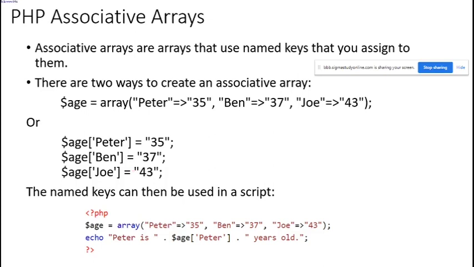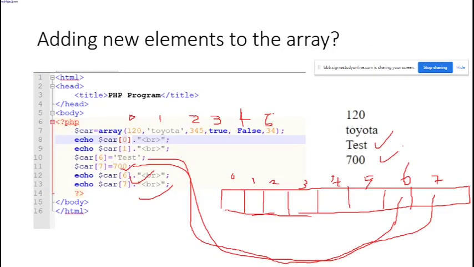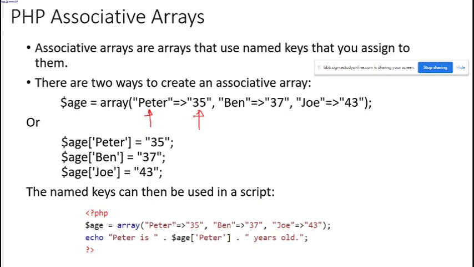In an associative array, we always have a key and value pair. So each element has a key and a value. But in the normal array, we don't have that. We access the values using the index number. But here you can access the values by using the key.